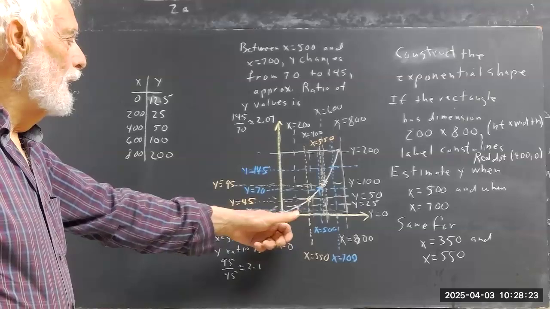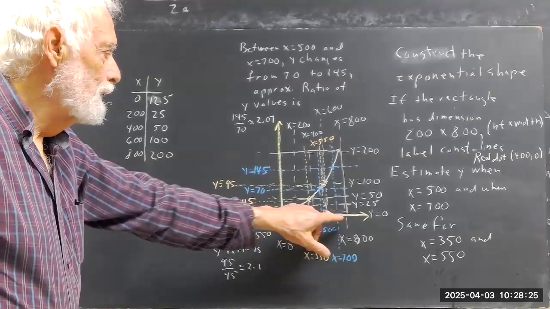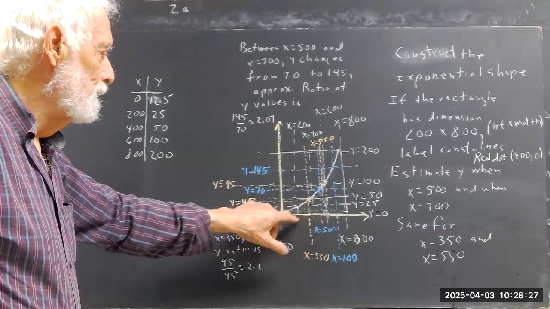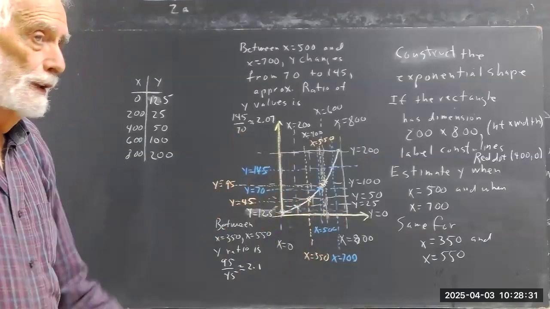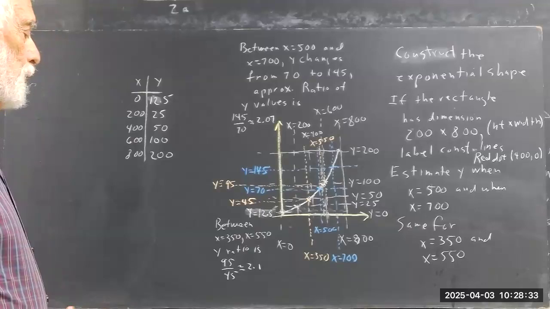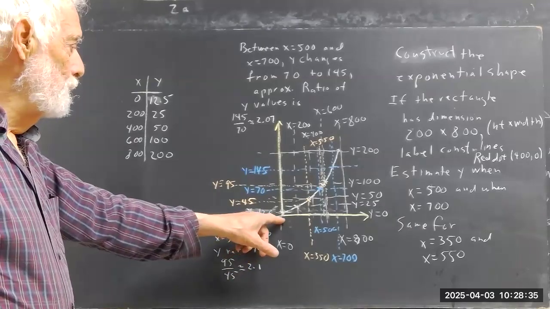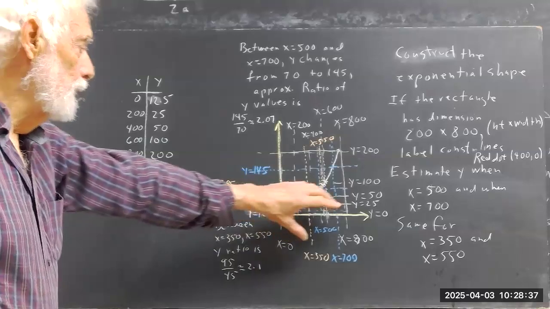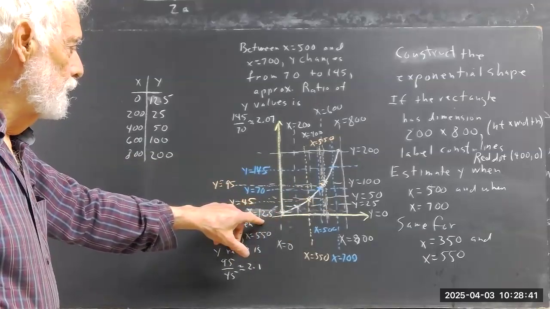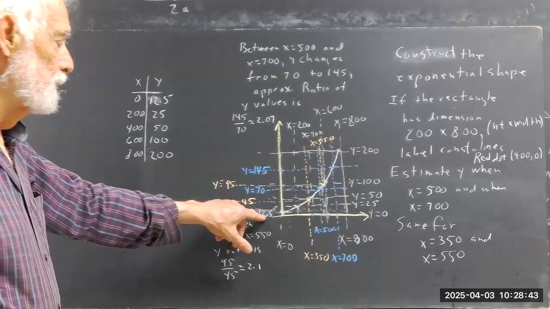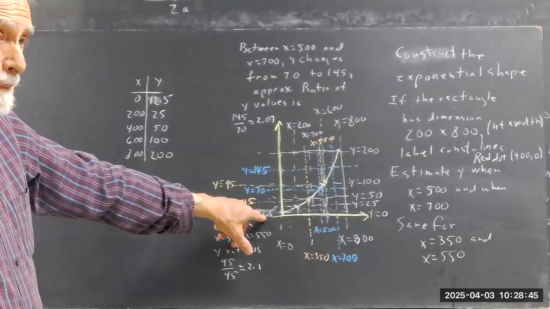As we move left one line, if we move left 200 units, the y value is cut in half. So if we moved over one more unit, this graph could be extended to the left. And if we moved over 200 units here, y would become 6.75. Okay.